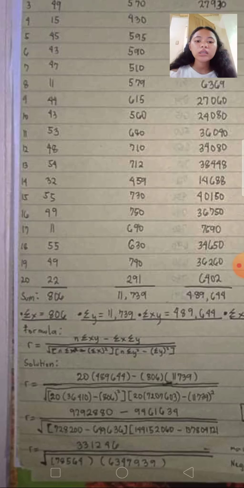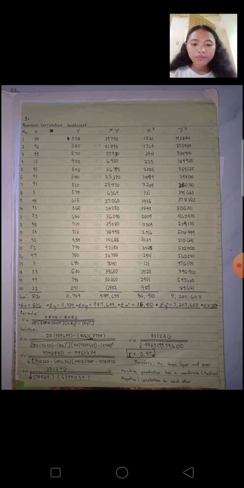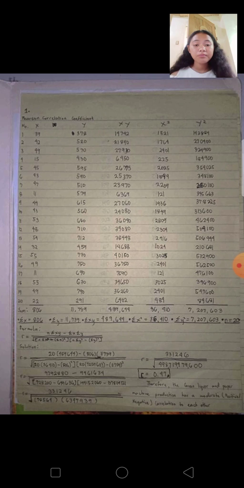So, substitute again nato ang mga gipangayo nga variables.